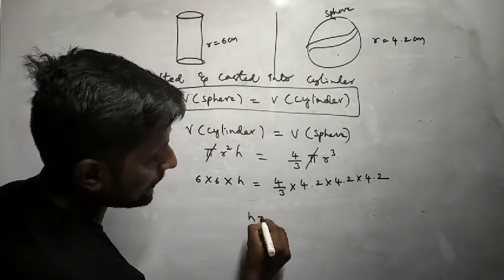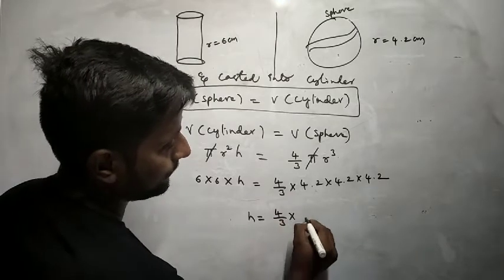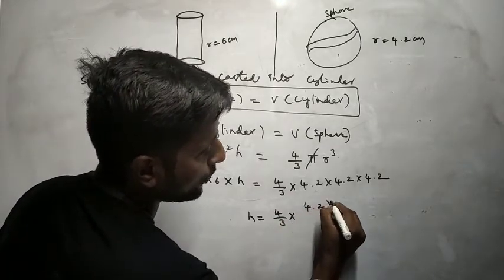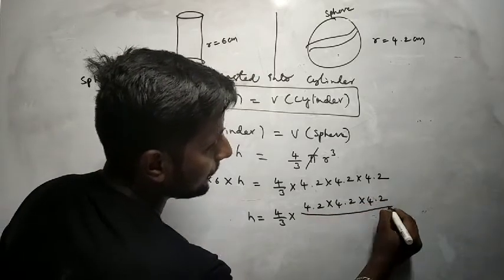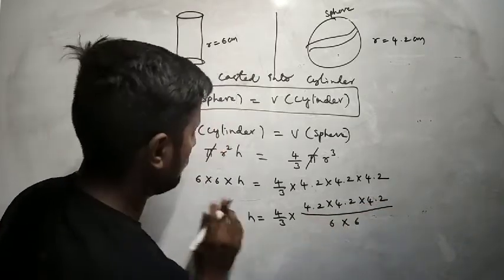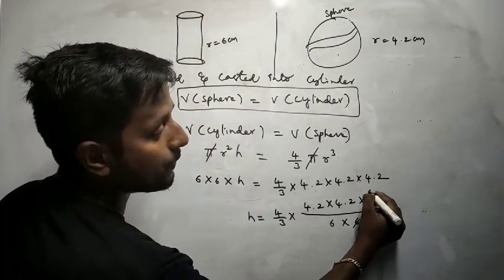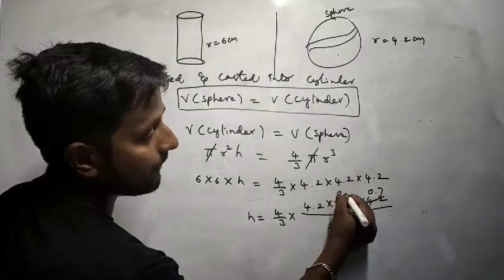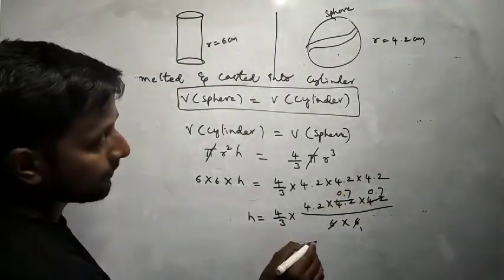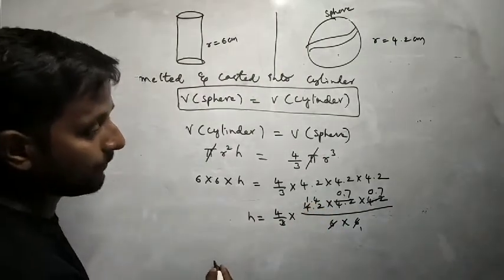So simply, h is equal to 4 by 3, 4.2 into 4.2 into 4.2 by 6 by 6. Correct? So 6 ones are 6, 6 sevens are 42. Simply we'll write 0.7. 6 ones are 6, 6 sevens are 42, so 0.2. So 3 ones are 3, 4s are, right?